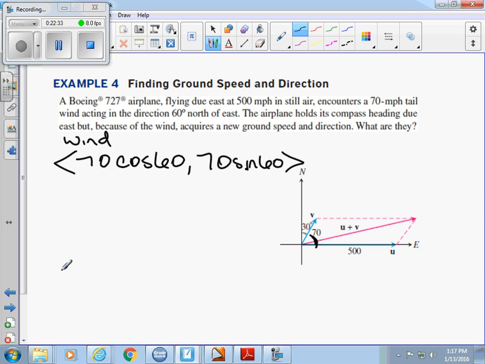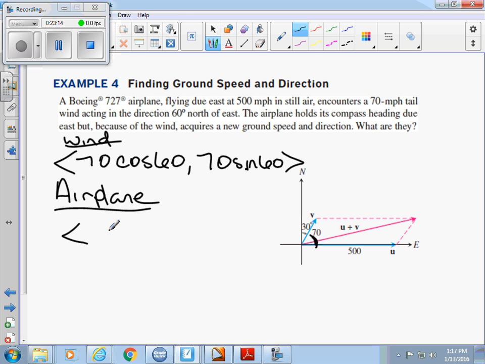Now, what Nicholas said was 70 sine of 30, 70 cosine of 30. Would he be correct? Because the cosine of 30 and the sine of 60 are the same thing. So either way is fine. Just to stick with our formula, I'm going to go with the other one. You don't have to. You know more about vectors than you probably need to know for calculus. It's not doing force diagrams.